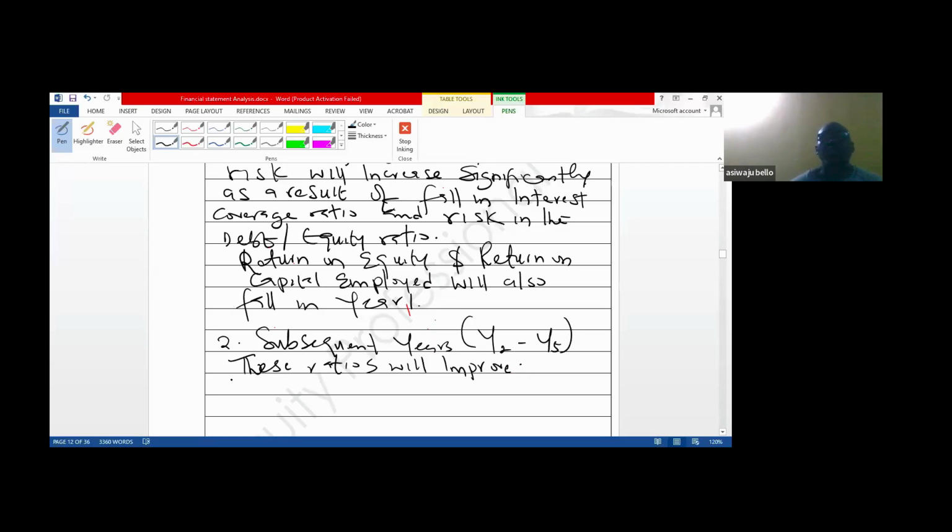Financial risk will reduce. And return to shareholders will improve significantly.